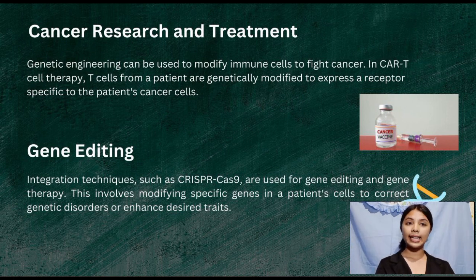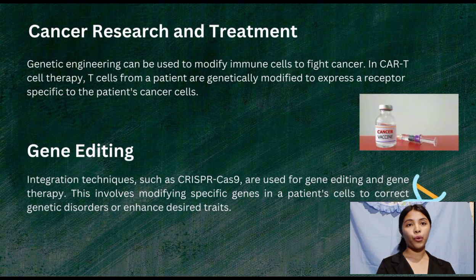So next is gene editing. One method that is used for gene editing is CRISPR-Cas9, as discussed earlier. This technology is a revolutionary tool in gene editing and has been widely used in research to study genetic disorders and other diseases.